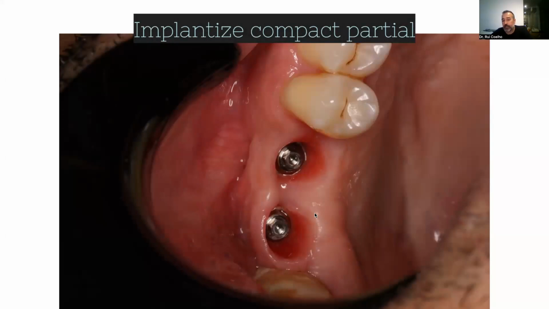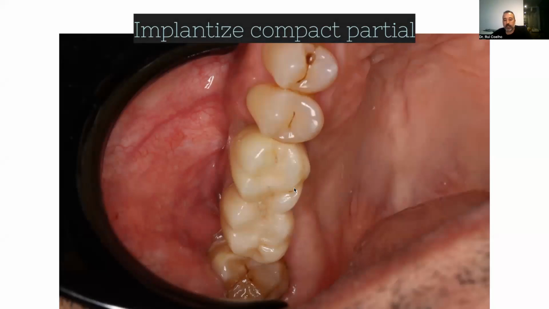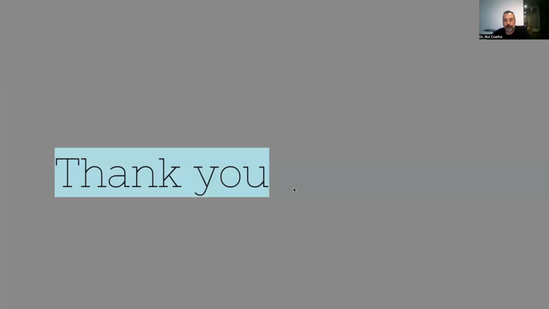You cannot say until you see the OPG what is below here. In reality, what you see is two multi-unit abutments, and the crowns and the final restoration.